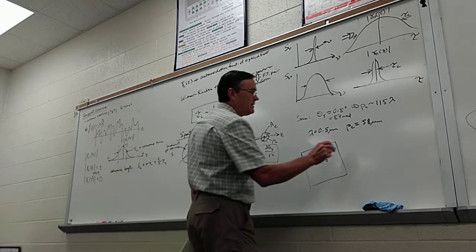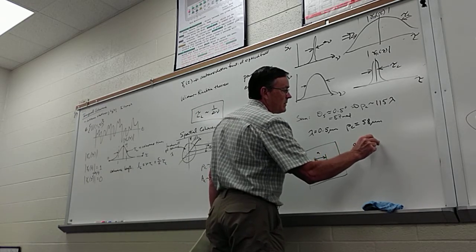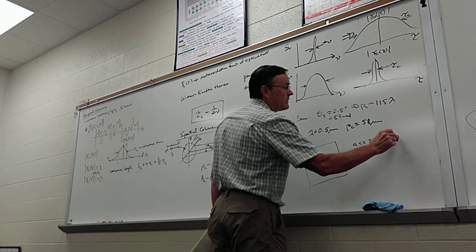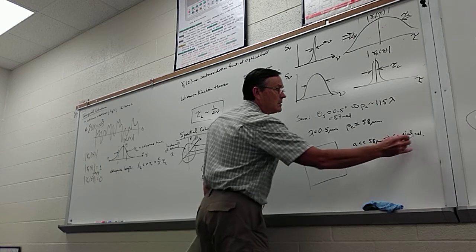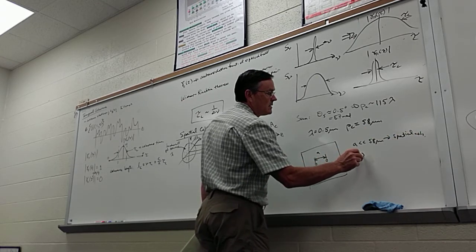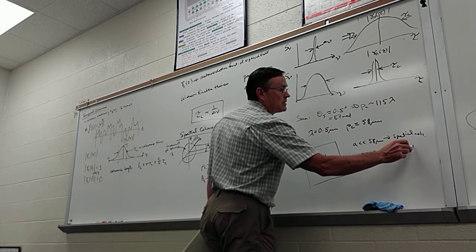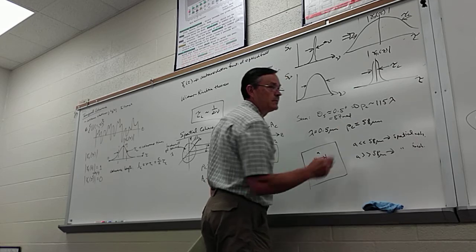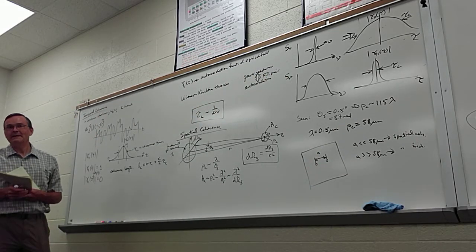So if a is significantly less than 58 microns, then I have really good spatial coherence. But if a is significantly bigger than 58 microns, then I'm spatially incoherent. Okay?